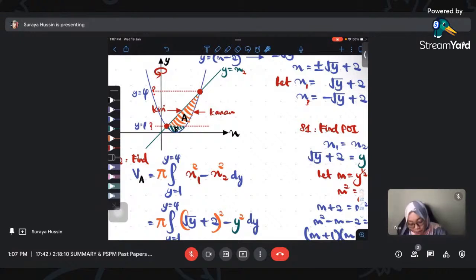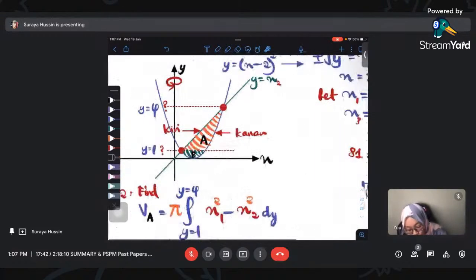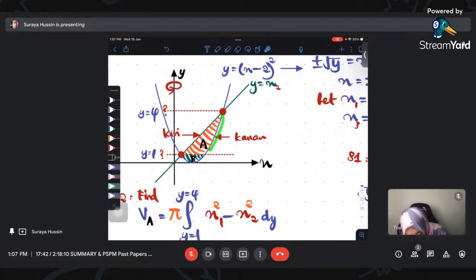Okay, sebab kalau kamu tengok betul-betul, yang ini adalah kuadratik, betul tak? Yang ini adalah linear. Dan dia takat point 1 hingga point 4. Okay, dia takat daripada point 1 hingga 4.